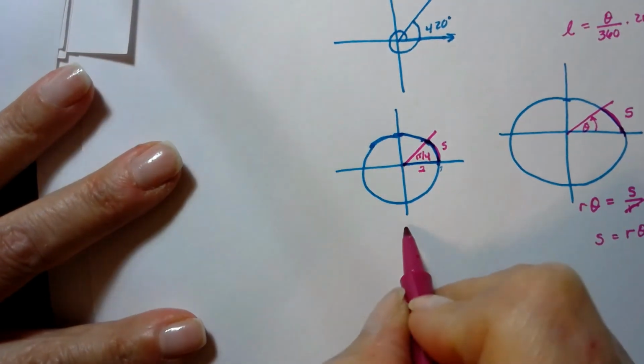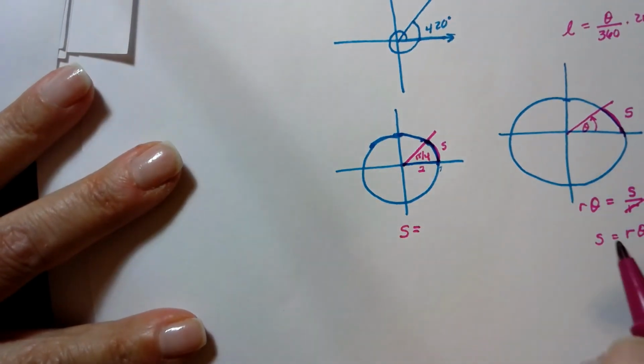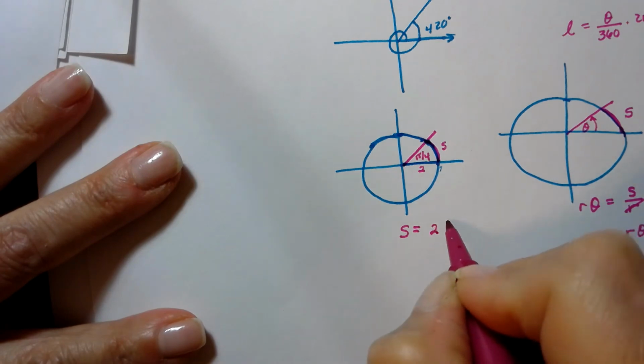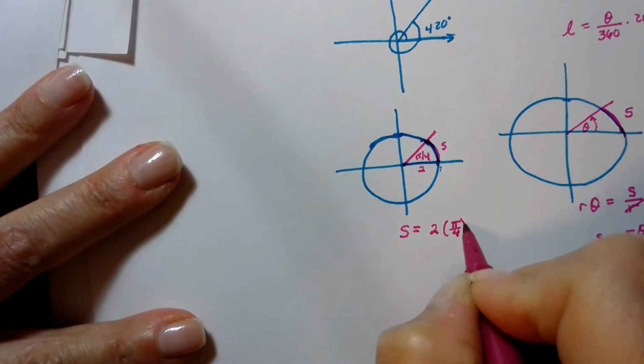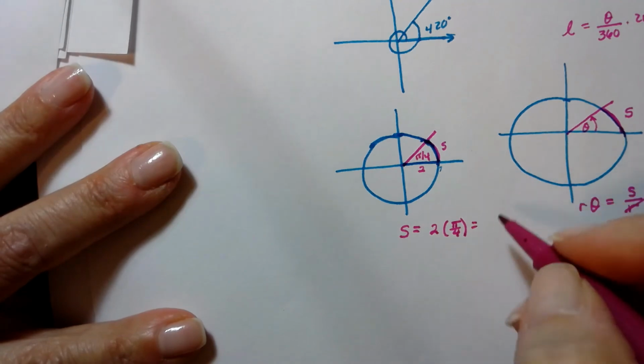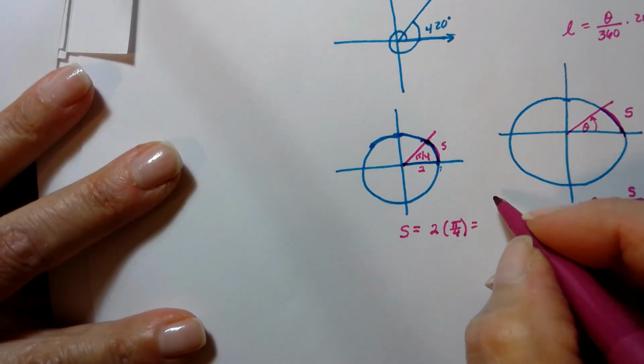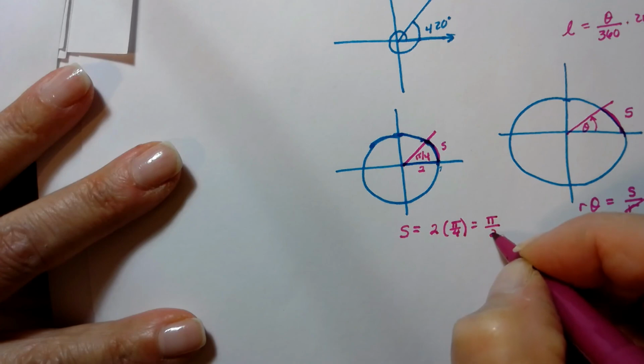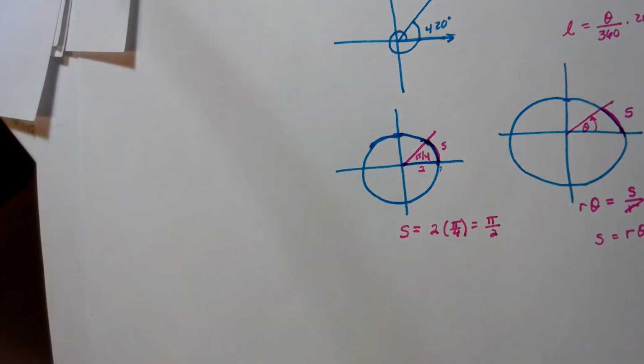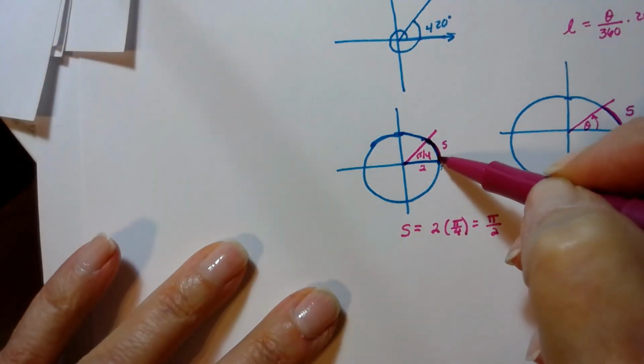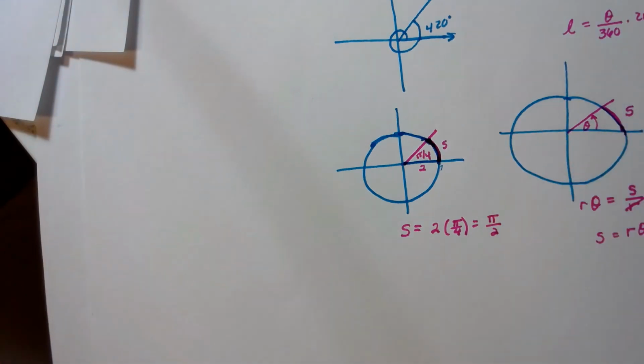Well, I would say that the arc length is equal to the radius, which is 2, times my angle, right, which is going to be pi over 2. That's the length of this piece of the outside of the circle, or the edge of the circle. The arc of the circle is what it's called.